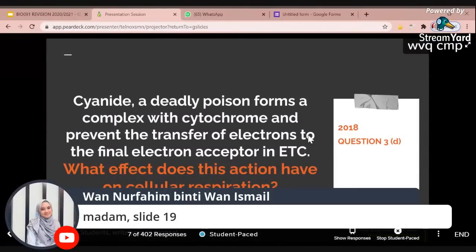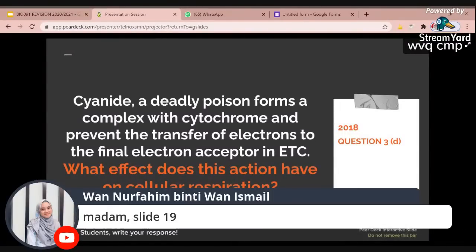Right, so let's go to slide number 19 from 2018. Okay, so soalan tanya, what effect does this action have on cellular respiration?